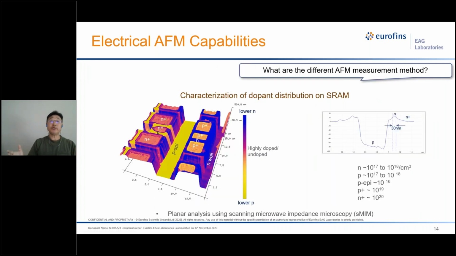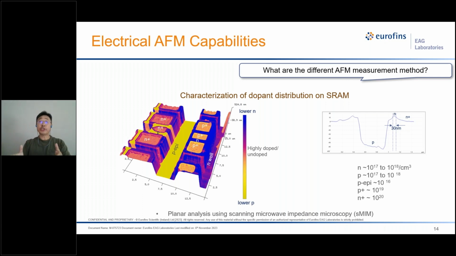Here is a second example of how you can use the capacitance imaging technique to characterize the doping distribution of a different semiconductor device, in this case, an SRAM device. On the left is a doping distribution image overlaid on topography that shows NMOS and PMOS transistors with the P-type epi area residing in the central part of the device.